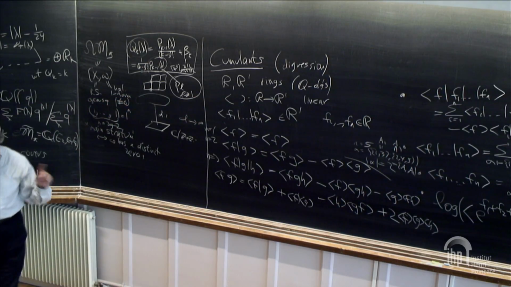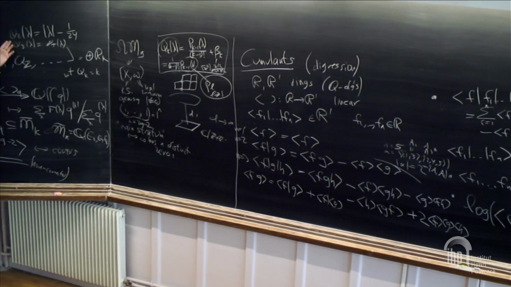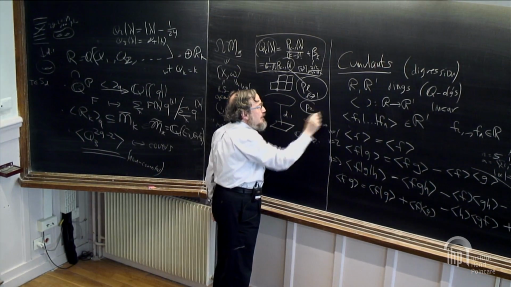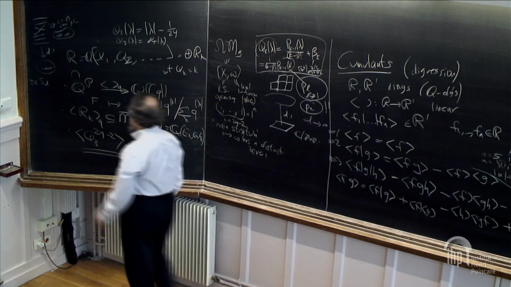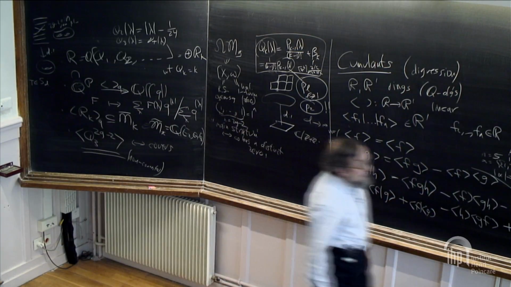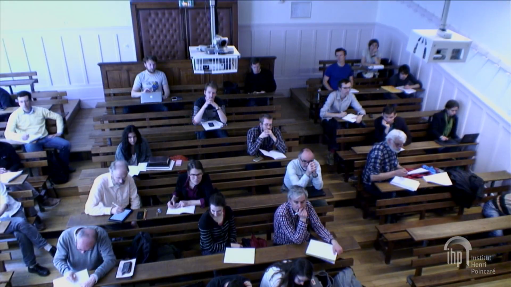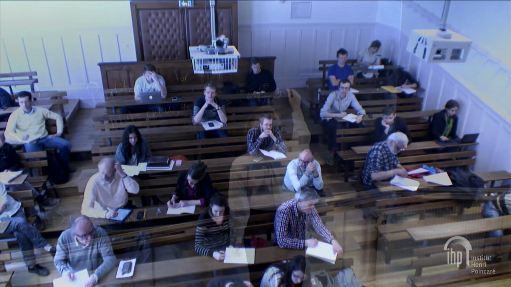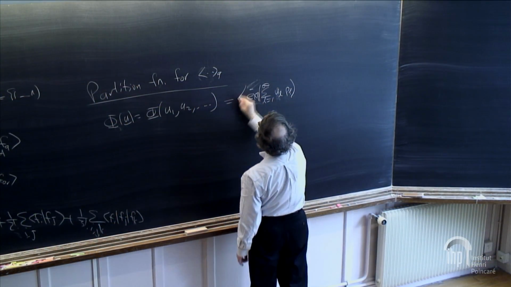But L equals 1 is very uninteresting because L equals 1 is Q_2, which is a stupid function. The interesting one is p_2. So think of p_2 as the one we care about. p_2 is not exactly Q_3 because there's a factor of 2, but up to a factor of 2, it's the same. OK, so now I take the generating function, exp of the sum of u_L p_L, and then I take its bracket.